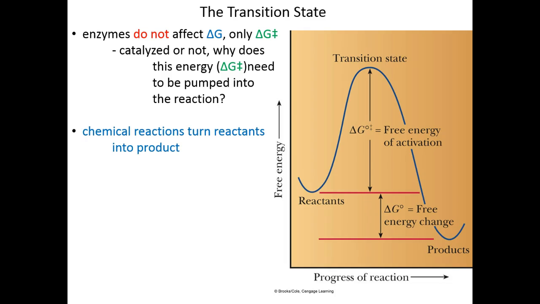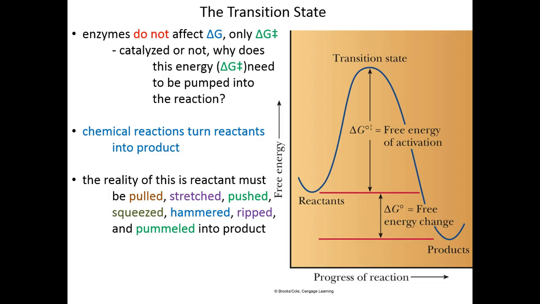Well, if we think about it, chemical reactions alter reactants and turn them into products. That's really all a chemical reaction is. You start with A, and a chemical reaction changes that into B. If we think about it more deeply and realistically, what's really happening to our reactants is that the reactant molecules are being pulled and stretched and distorted and pushed and ripped at and yanked at and hammered and pummeled and squeezed until eventually reactant A becomes product B. We are altering molecules, and that's not a pretty picture.